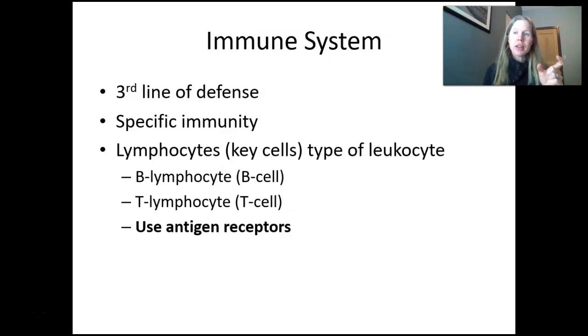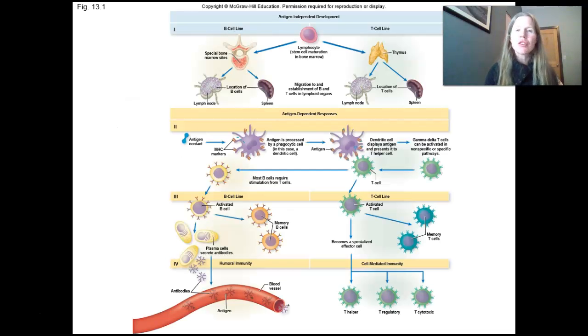An antigen is really a protein that can stimulate an immune response, and it does that by its interaction with these surface proteins on lymphocytes called antigen receptors. So the antigen receptors are a key to a lot of this.